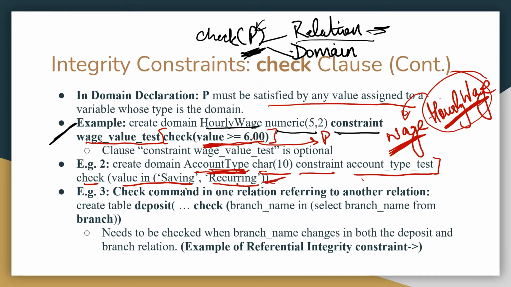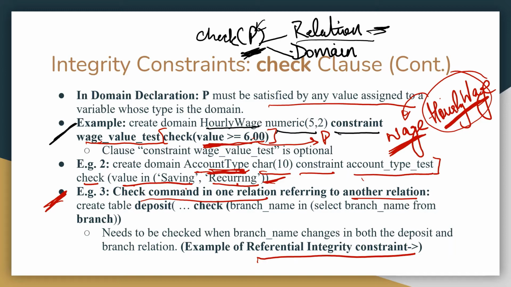this constraint. Okay. Now, there is another type of check command which is very important and which we also refer to as referential integrity constraint. So that is basically a type of check constraint in which the check command in one relation actually refers to another relation.